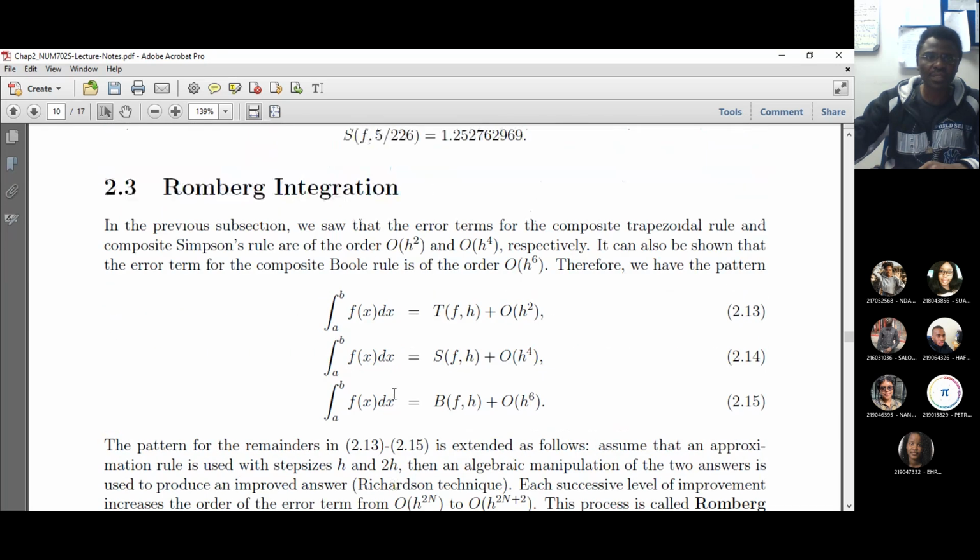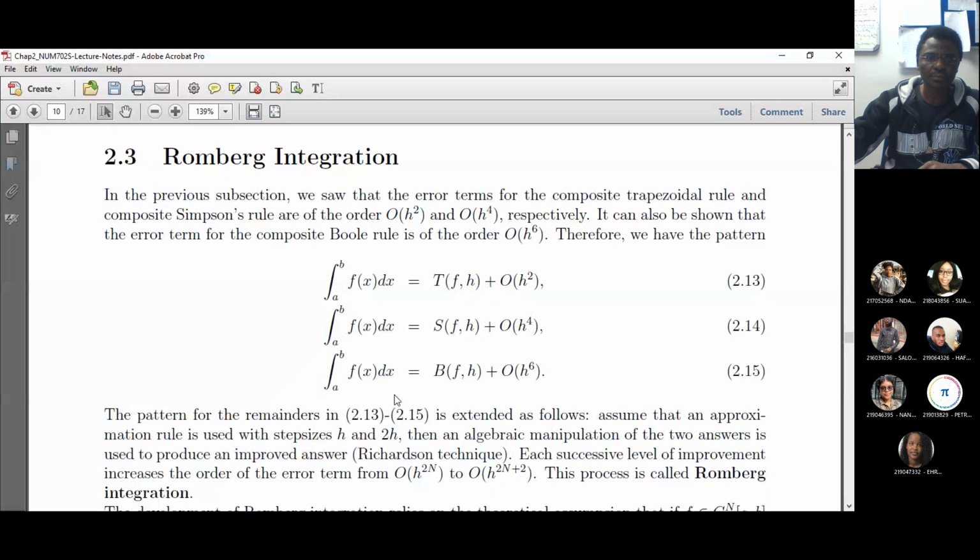Now I will introduce the concept of Romberg integration. I think we did something similar in the first semester related to numerical differentiation. I don't know if you really went through it, but it is in the note for numerical differentiation.